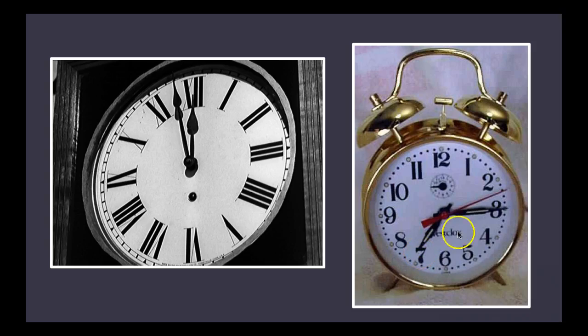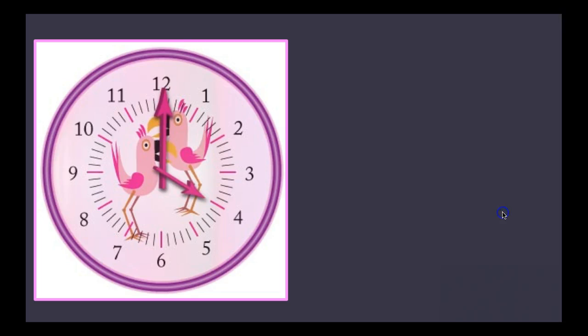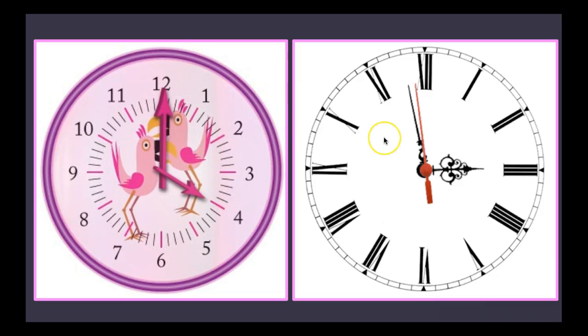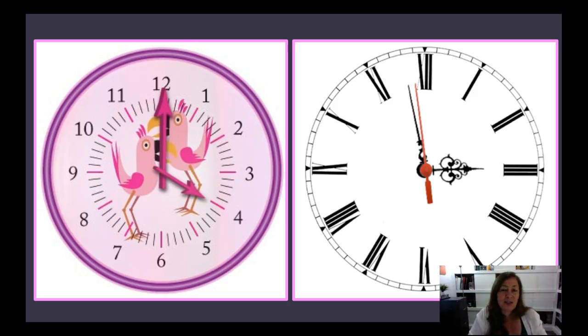Son las 7:15. ¿Qué hora es? Son las 4 en punto. ¿Qué hora es? Now, lots of us would just say, son las 3, right? But if you want some precisión, tú puedes decir, son las 3 menos un minuto.